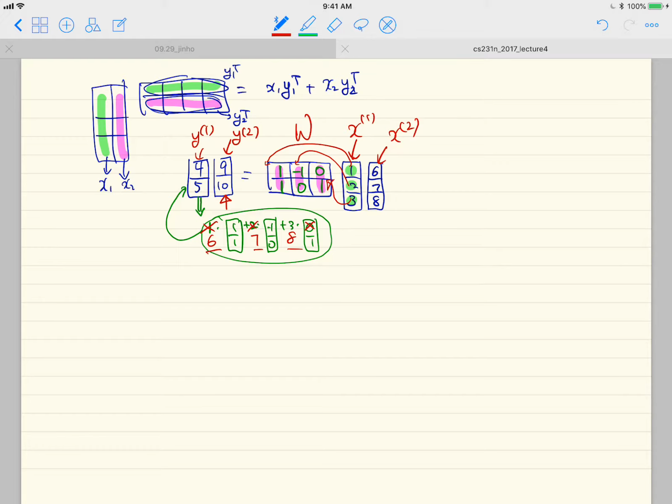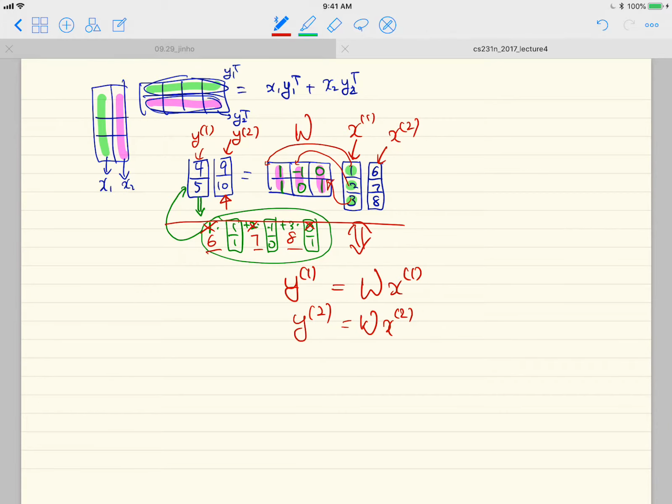Okay, so this whole equation, I mean this single equation, is equivalent to W and x1 and y1, and W and x2 and y2, right?